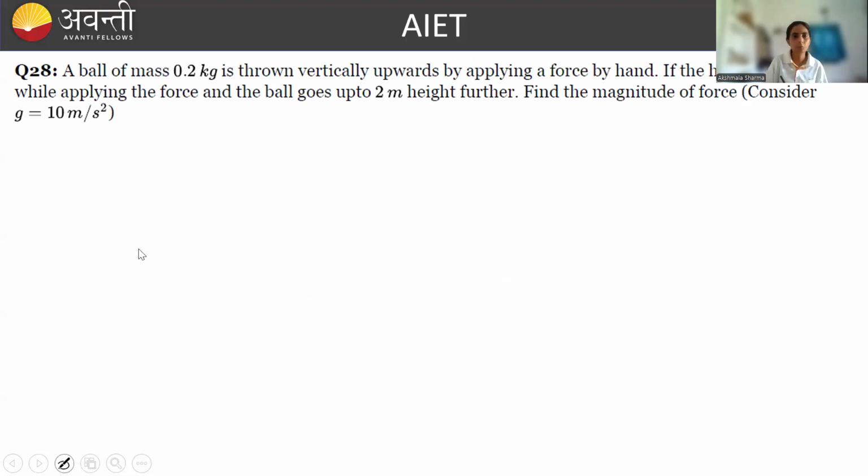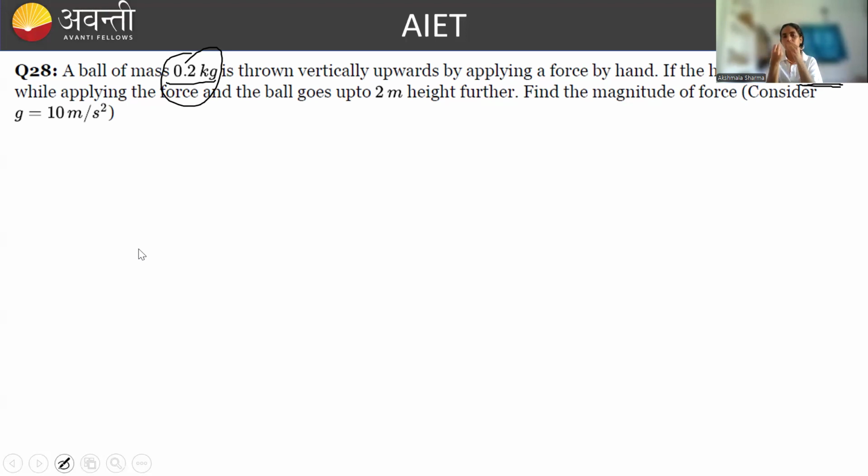Now, a ball of mass 0.2 kg is thrown vertically upward by applying a force by hand. Then you are applying force by hand and then you are throwing an object of mass 0.2 kg. If the hand moves 0.2 meter while throwing it, जैसे मेरे हाथ में एक बॉल है, मैंने हाथ से फोर्स लगाया और फोर्स लगाते वक्त my hand moved up by distance of 0.2 meter.